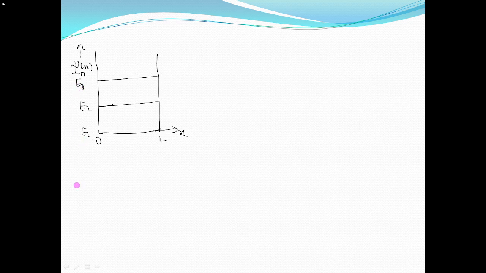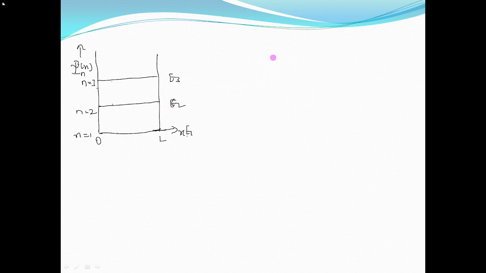Otherwise we can write it as n is equal to 1, n is equal to 2, n is equal to 3. This is E1, E2, E3.